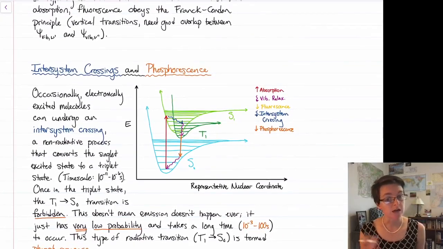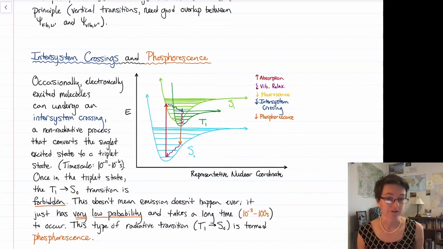However, fluorescence is not the only way that a molecule can lose energy and get back to the ground state. A second type of process that can occur that's far more lengthy is what's called an intersystem crossing followed by phosphorescence. So occasionally, a molecule might have multiple excited states that it can be part of.